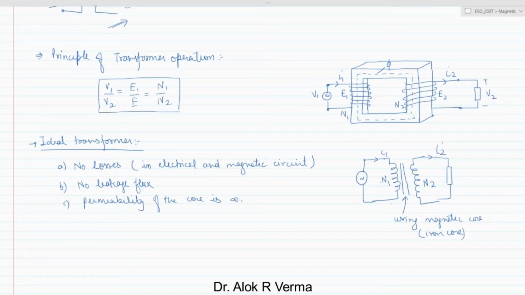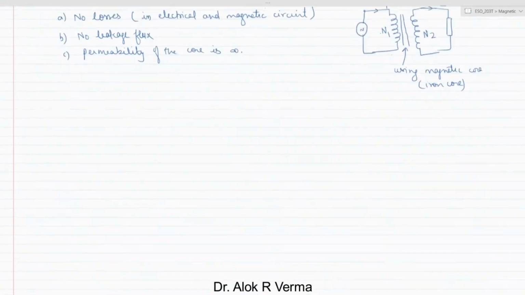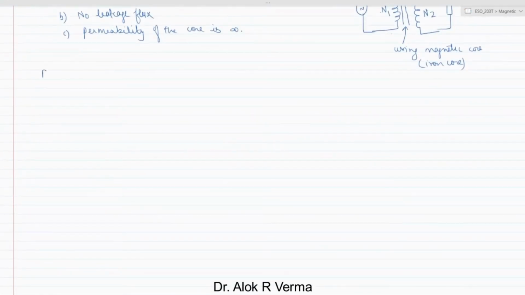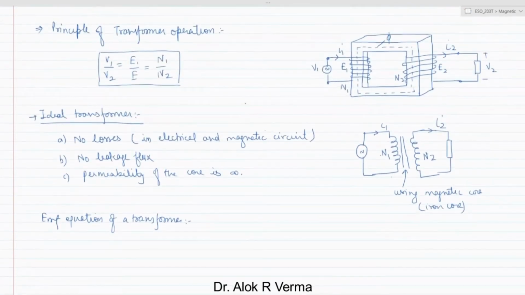Okay, so now let us write down the EMF equation of a transformer. Suppose the main flux which is flowing in this circuit, phi, because the voltage applied is sinusoidal, so phi can be assumed as phi m sin omega t, which is varying sinusoidally.